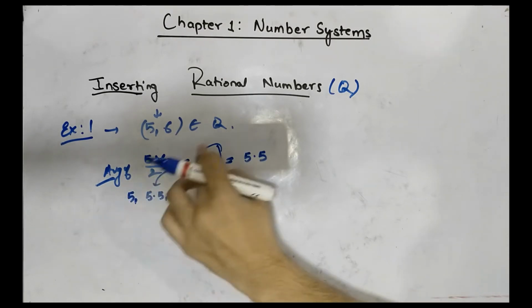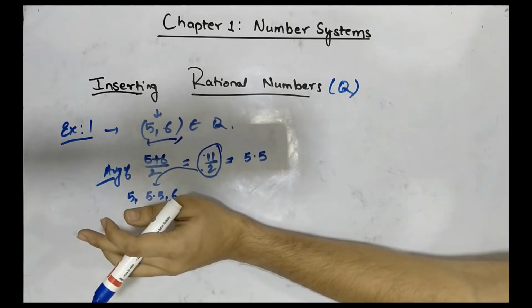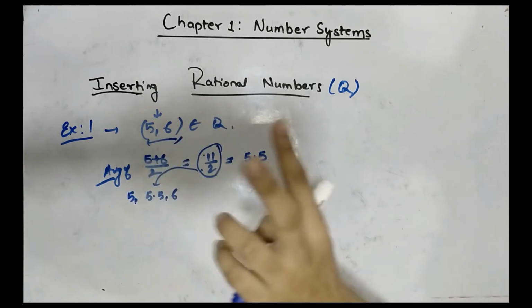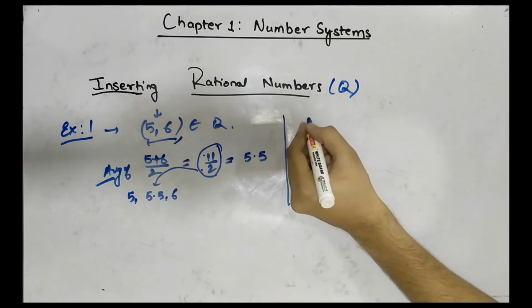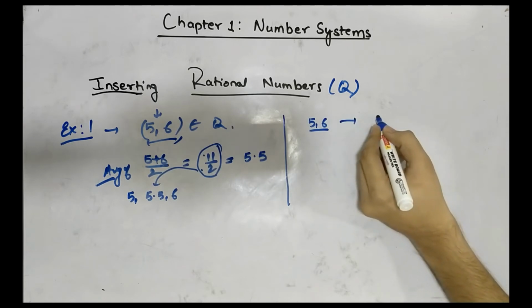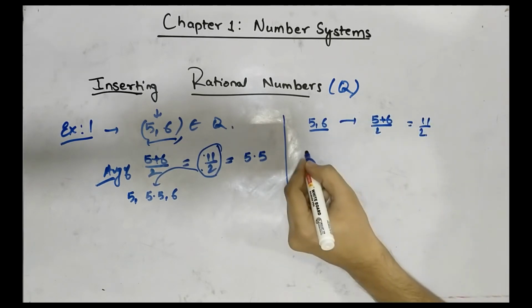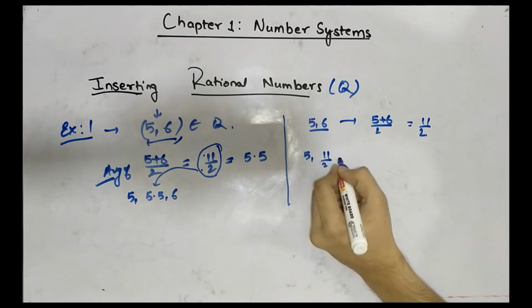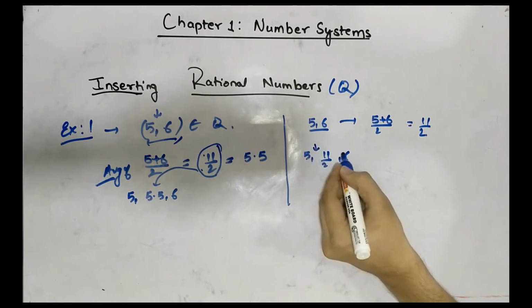Now this was a question where you were asked to insert only one rational number between 5 and 6. However, if you were asked to insert two rational numbers between 5 and 6, this is how you would do it. You take 5 and 6. The first number you find is (5 plus 6) by 2, that is 11 by 2. So 5, 11 by 2, 6. For the second number you can insert it either here or here.